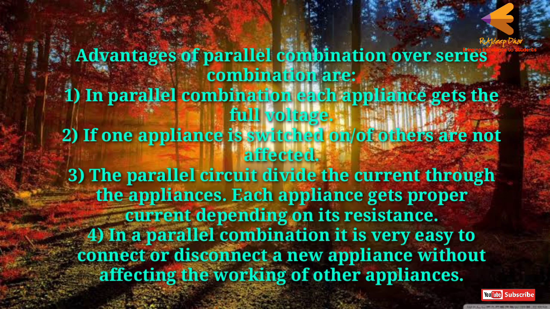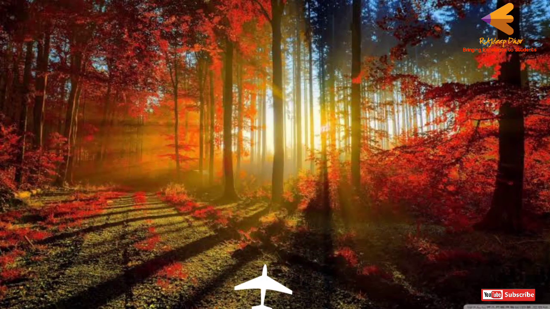Third, the parallel circuit divides the current through the appliances. Each appliance gets proper current depending on its resistance. Fourth, in a parallel combination, it is very easy to connect or disconnect a new appliance without affecting the working of the other appliances. Okay students?